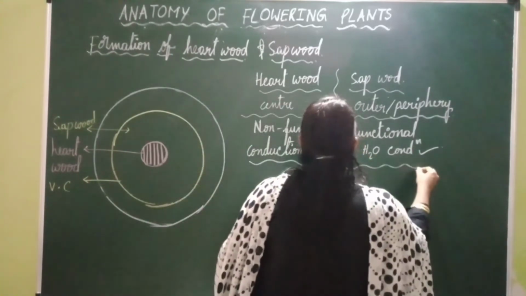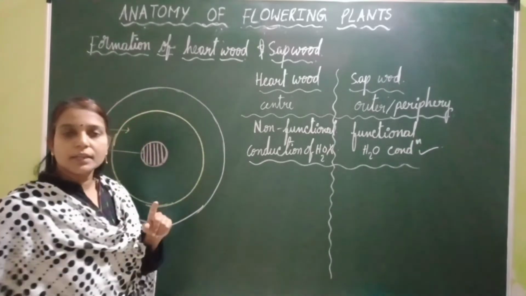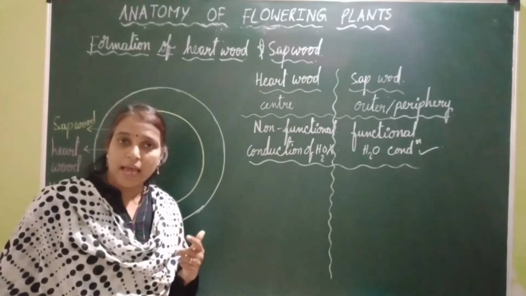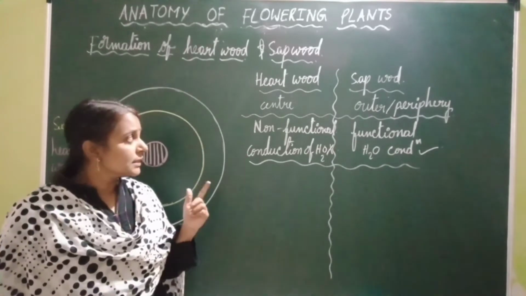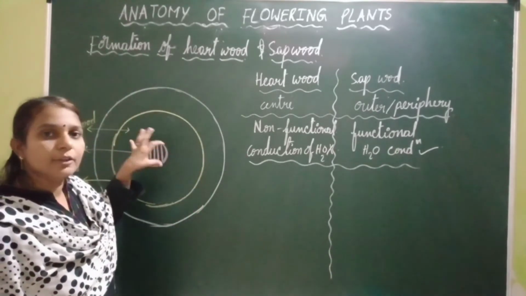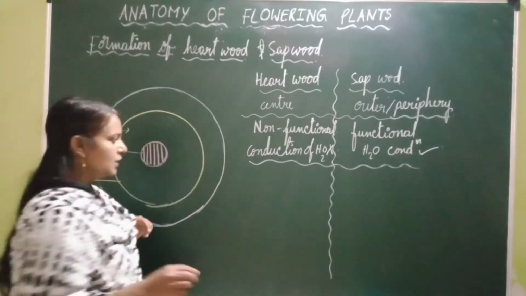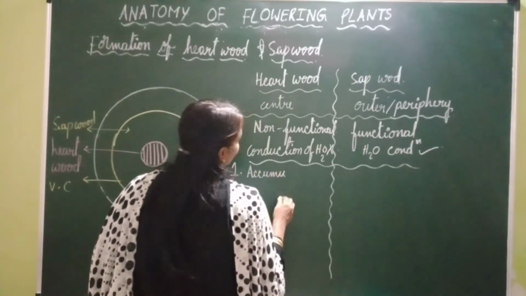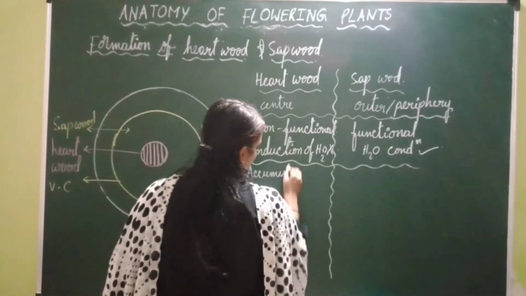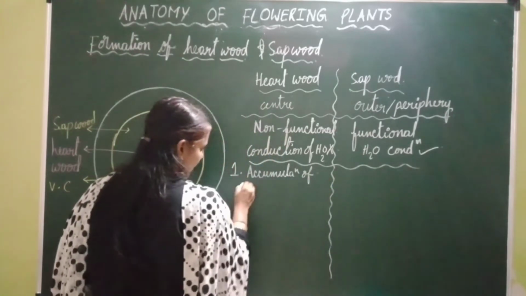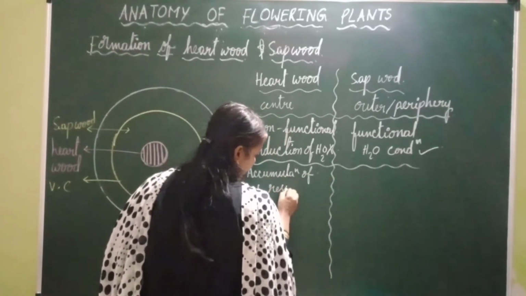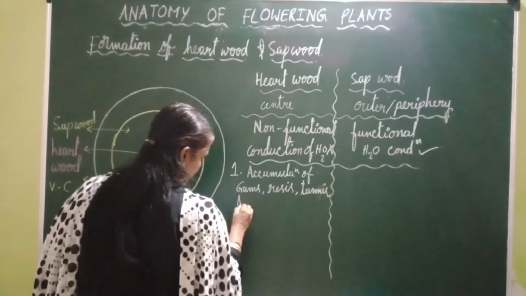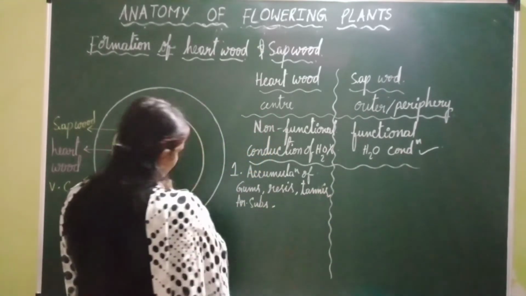Okay. Now let's see why this heartwood has become non-functional. So the first reason is due to the accumulation of some chemical substances like gums, resins, tannins, aromatic substances and essential oils at the center of the secondary xylem, that is at the center of the wood.